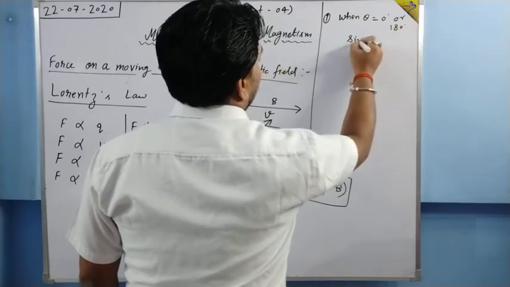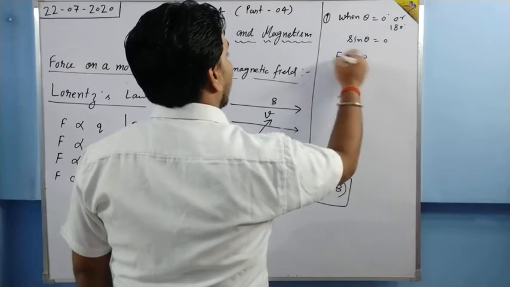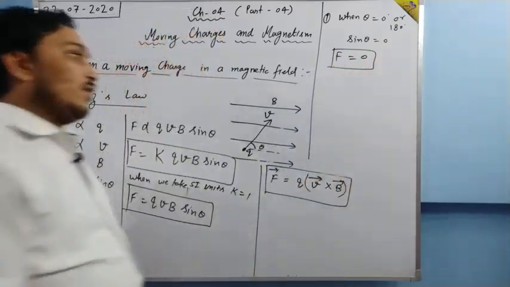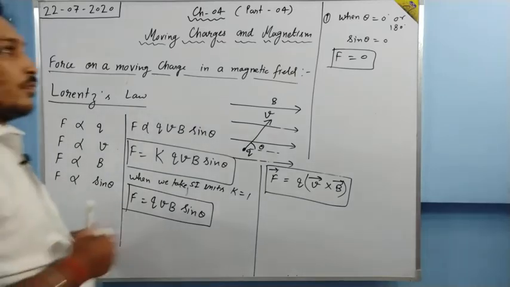In both the cases, sin theta will be 0, and because of that, force is 0. So what we observe, if the charge is moving in the direction of the magnetic field or opposite to the direction of the magnetic field, it will not experience any force. The force acting on the charge will be 0.